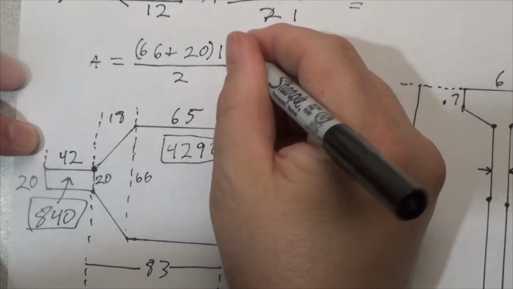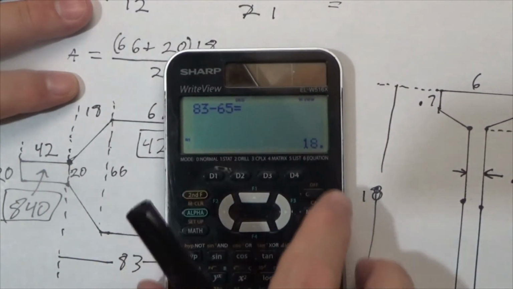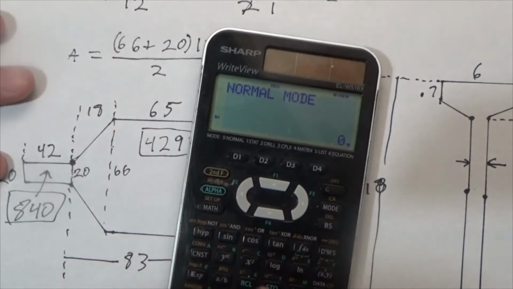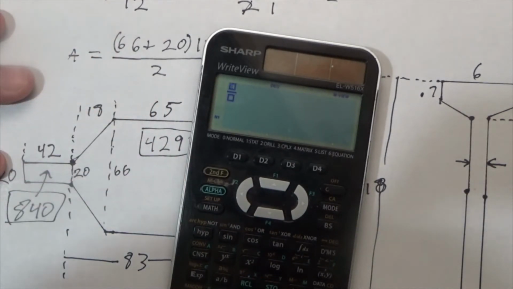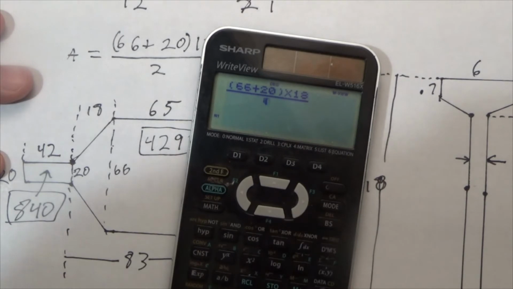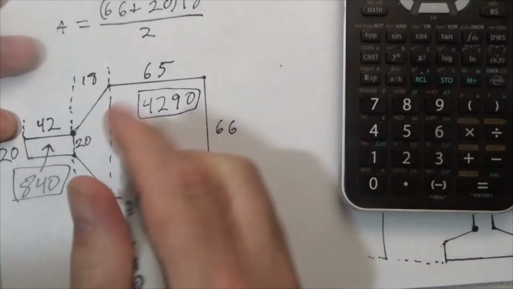So on my calculator, I just go like that, hit the fraction bar, and say 66 plus 20 times 18. Put a 2 there. I didn't cross cancel this time because that's not a big deal. 774 for the area in here.